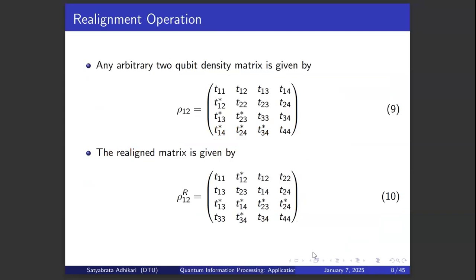In this way, you can write the third block matrix B dagger in a row and the fourth block matrix C in a row. When we rearrange the matrix elements in this way, we say that we have performed the realignment operation on the density matrix rho_12.